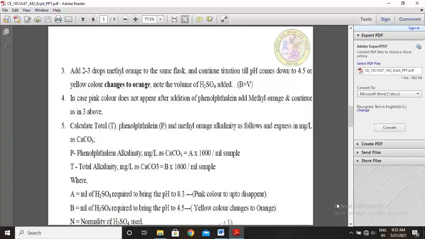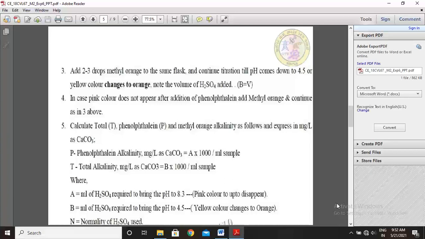Note down the volume of H2SO4 added, which is B. In case pink color does not appear after addition of phenolphthalein, add methyl orange and continue as in the step above.